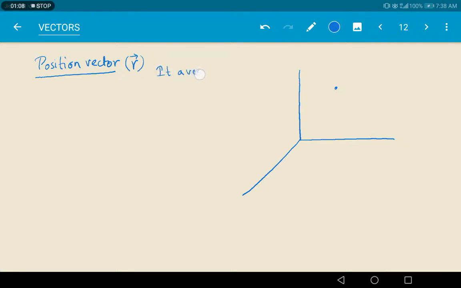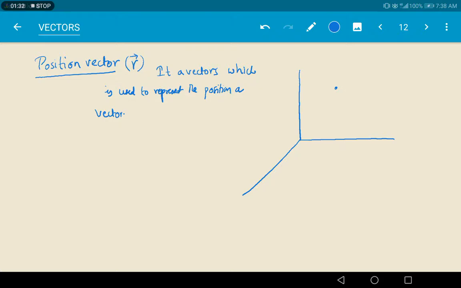It is a vector which is used to represent the position of a vector.